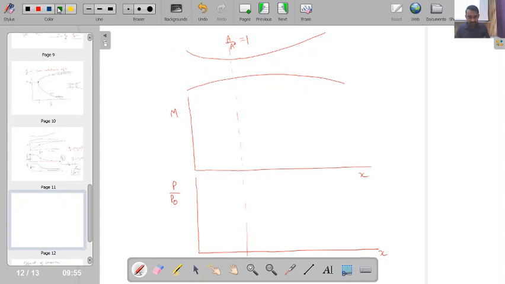Say this is my inlet pressure, so inlet P by P naught will be 1. And say this is the pressure at the exit corresponding to PE. Understood? PE means the pressure which is required to maintain Mach number equal to 1 at the throat.